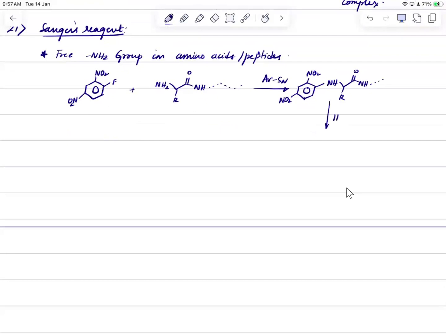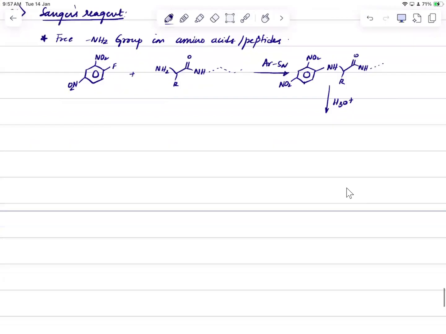And this on hydrolysis will convert into NO2, NO2, and here we'll have NH and R and COOH plus other compounds. This is how you will notice the compound formation.